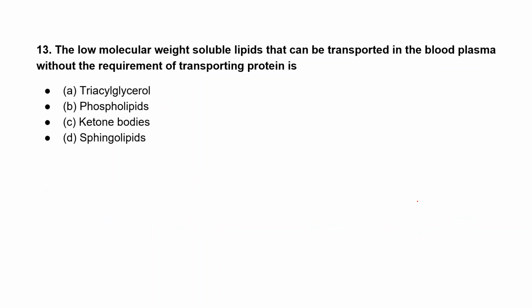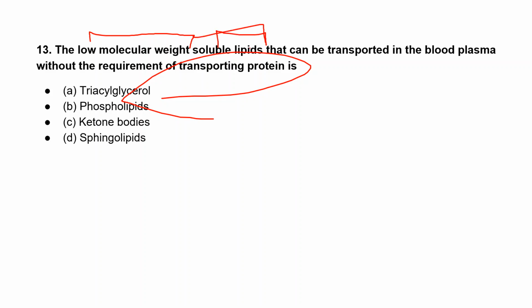So the next question is: the low molecular weight soluble lipids that can be transported in the blood plasma without the requirement of any transporting proteins. So low molecular weight, and also soluble lipids, because we know that lipids can't go like that, right?